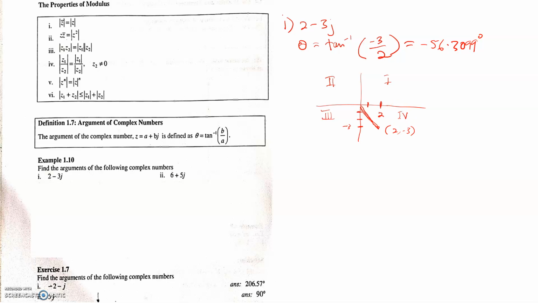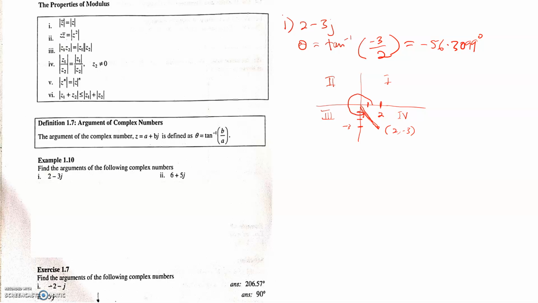We should always start at the first quadrant, this area. So if we are looking from the first quadrant and we go up till this line, is it logical that it represents 56, or for this case negative 56?